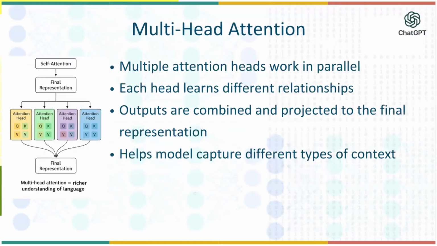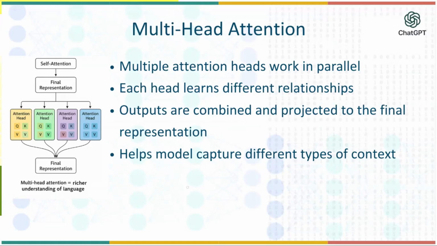So far, we have looked at attention as if there were only one set of queries, keys, and values. In reality, transformers use multiple attention heads running in parallel. Each head looks at the sentence in a slightly different way.